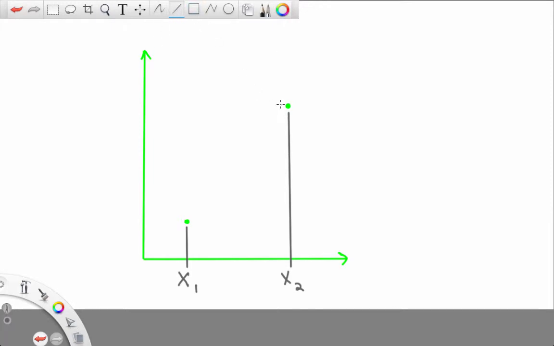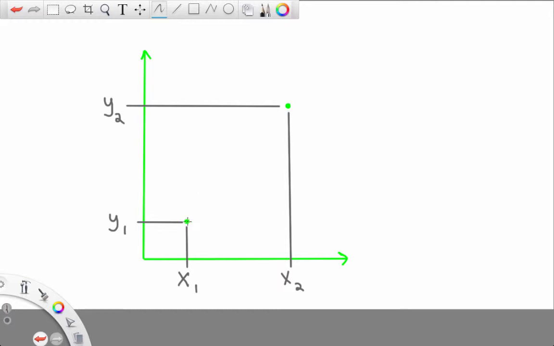Now let's extend a horizontal line to the y-axis from this point up here and extend a horizontal line from this point here. We can label this value y sub 1 and this y sub 2.